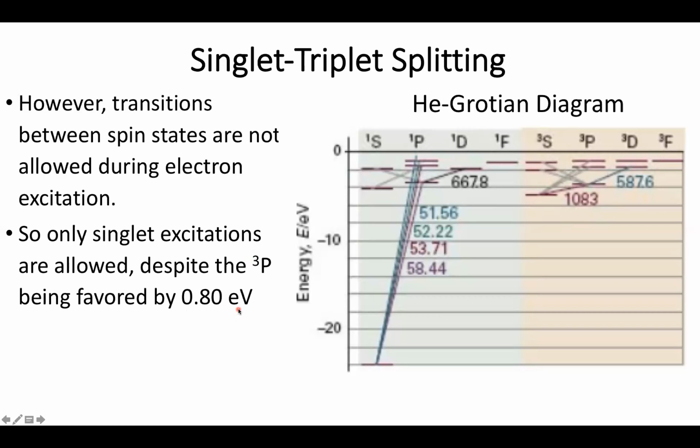Again, this is that spin pairing energy. Electrons don't want to have paired spins because that means it's going to be easier for them to get close to each other and have greater electron repulsion. So, despite the fact that the triplet state is going to be energetically favored, I can't access it directly.